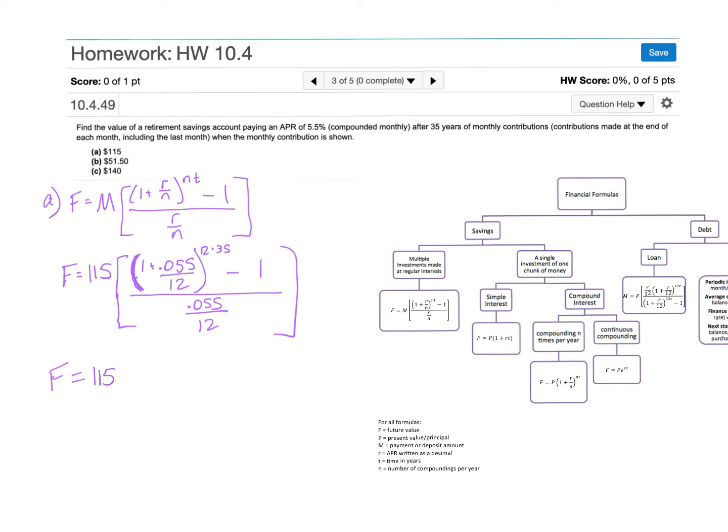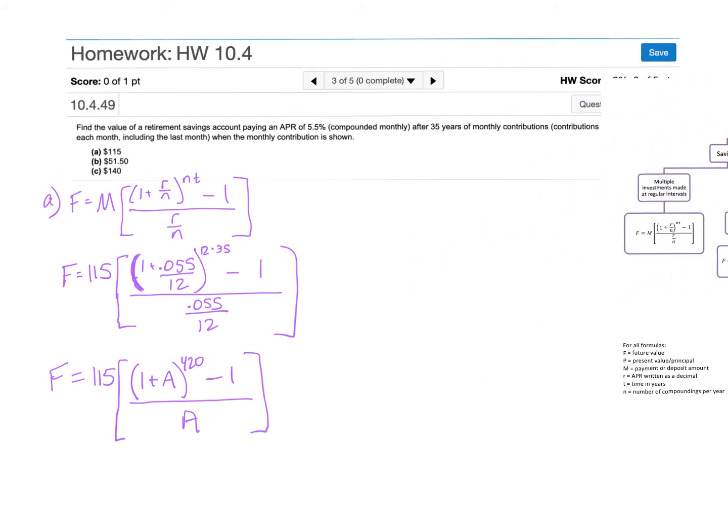Then we've got 115 times (1 plus A), because I stored 0.055 over 12 as the letter A, to the power of 12 times 35, which is 420, minus 1, all over the letter A. In my calculator, I type 1 plus A, and I get 1.004583333. Then I raise that to the 420 power, and I get 6.825.